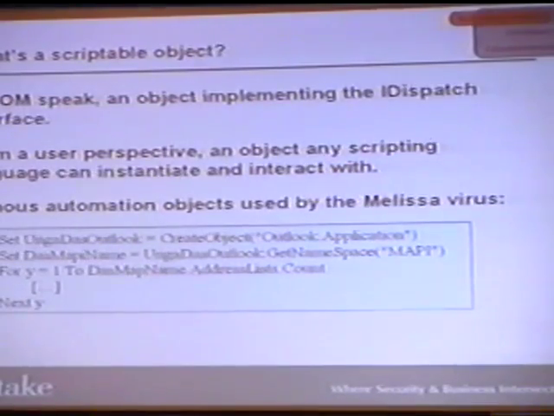So what's a scriptable object? It's an object that implements an IDispatch interface, which is an interface that enables scripting languages to enumerate interfaces or methods and find out what they provide. From a user perspective, this means that any scripting language can interact with it. One example is the Melissa virus, which was using OLE automation and COM automation to enumerate addresses and nicely send emails around.